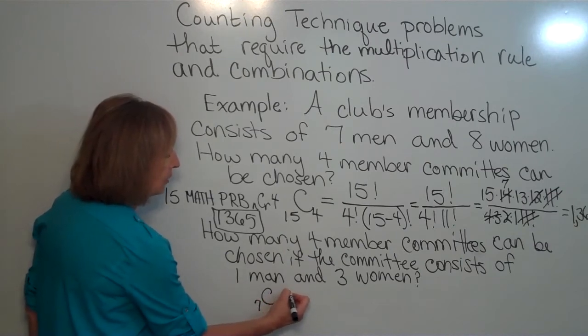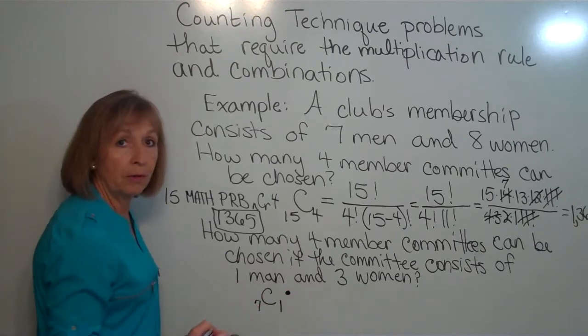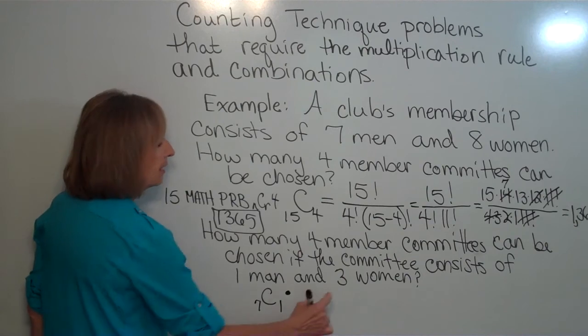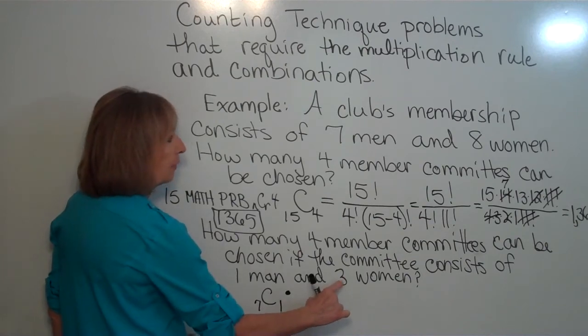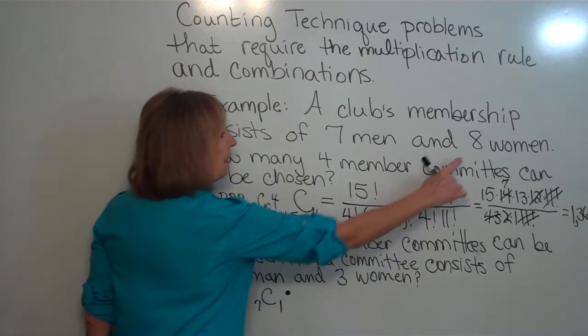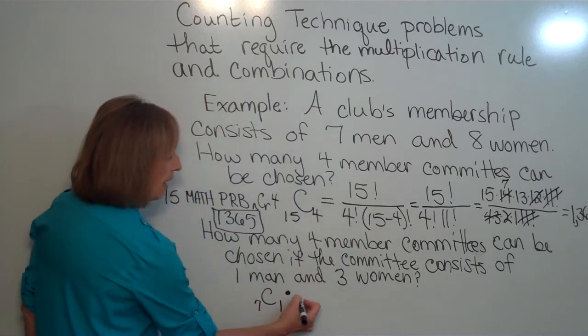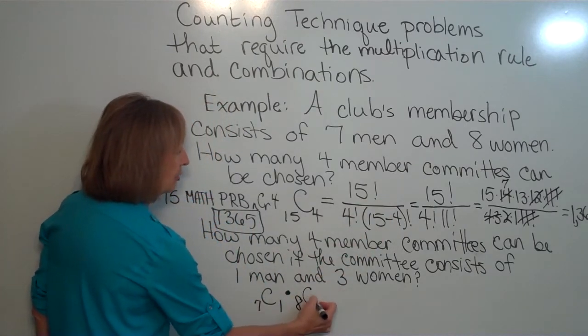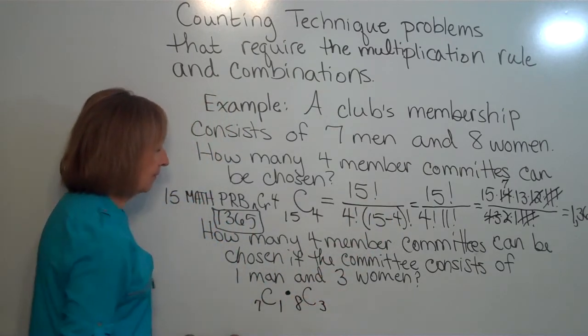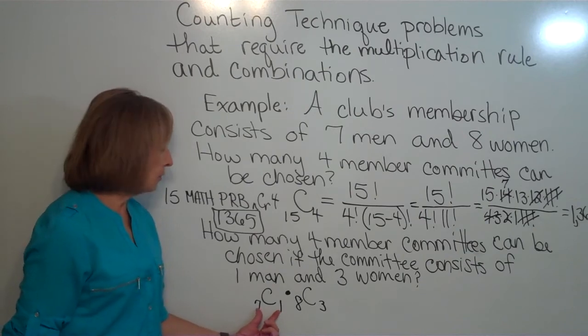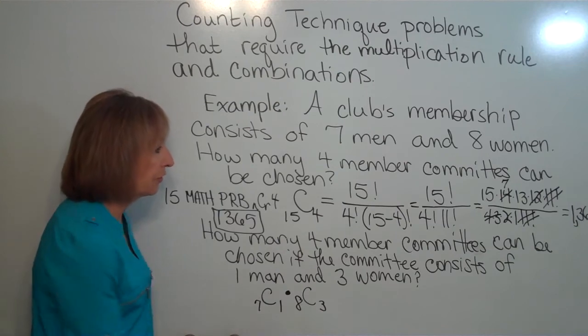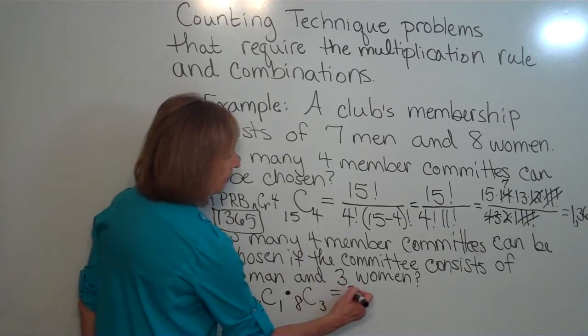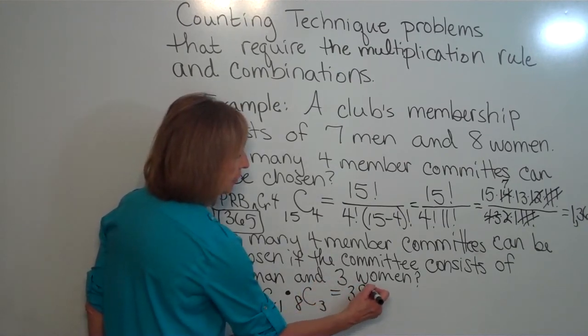And then I'm going to multiply that by, so that's where your multiplication rule comes in, the different ways you can select the 3 women out of the 8 women. So that'll be 8 combination 3. And when we multiply the 7 combination 1 times the 8 combination 3, you get 392.